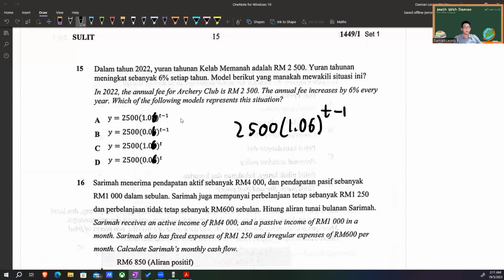If t is the number of years that has passed, then it's just t. So again, this is another question that is not well set. Okay, answer is A, but they should indicate the t value, whether it starts from 0 or starts from 1.